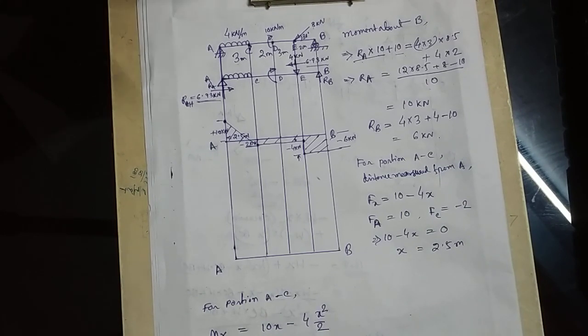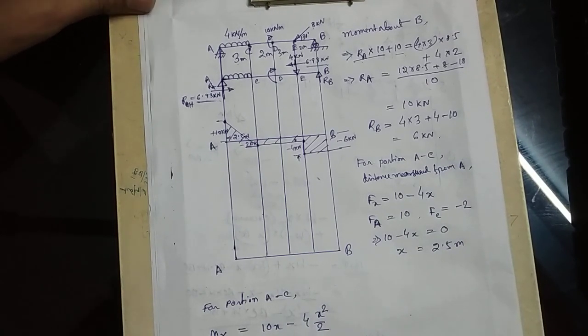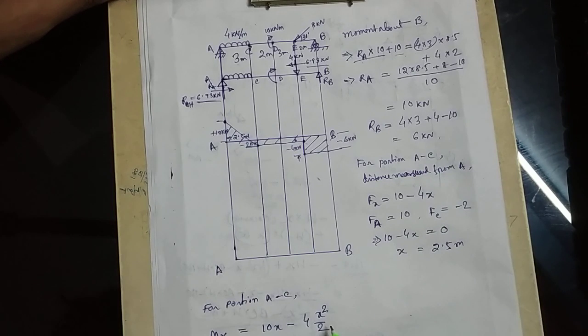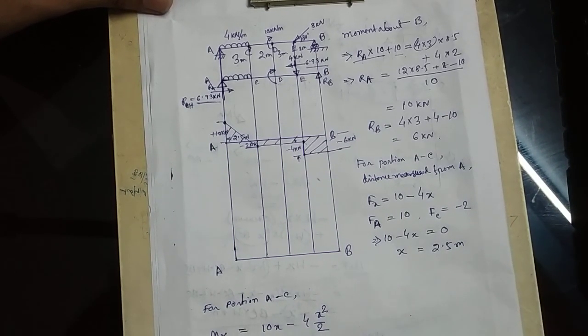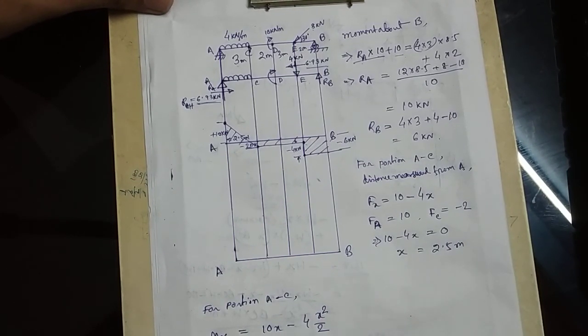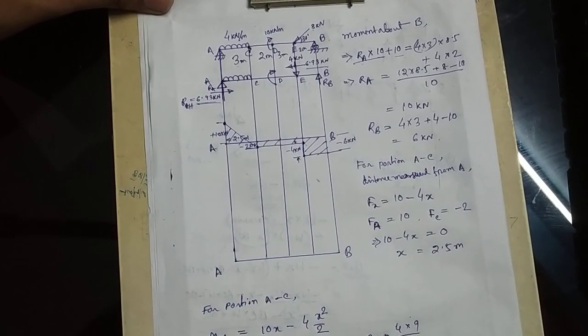Now the relation is parabolic. For MA, x equal to 0, so it becomes 0, and at MC, x equal to 3, so it will become 10 into 3 minus 4 into 9 by 2.